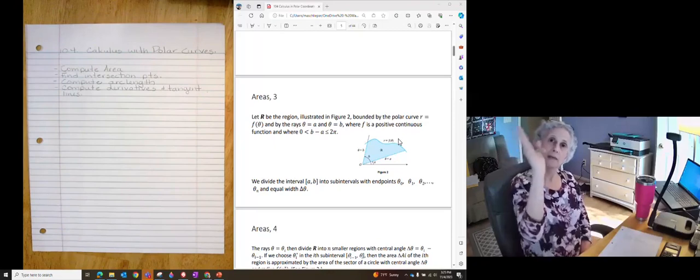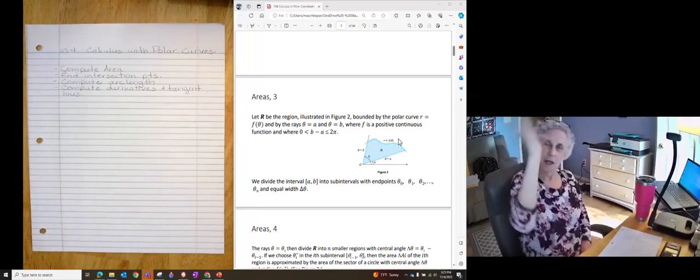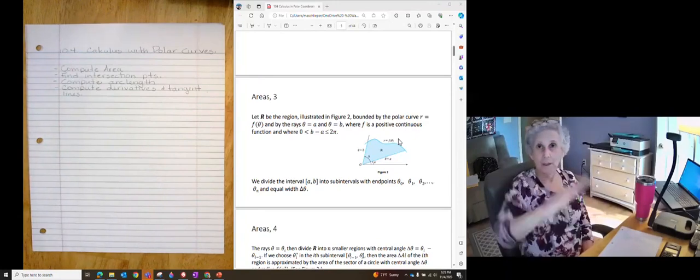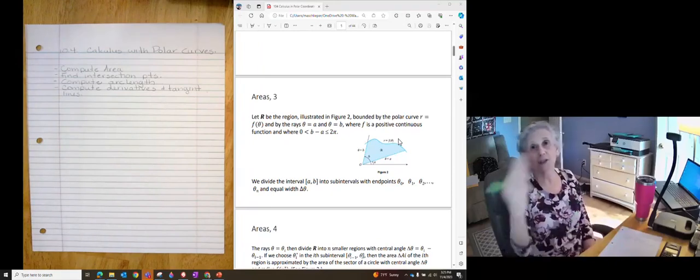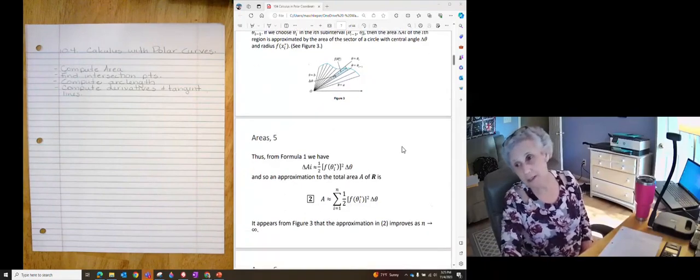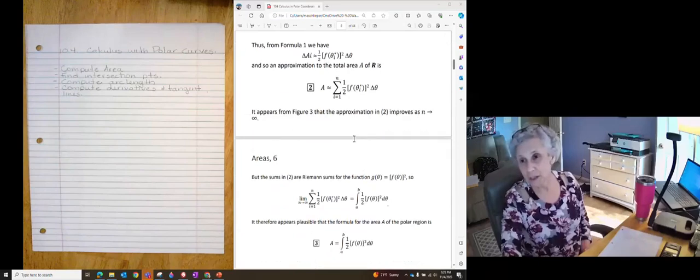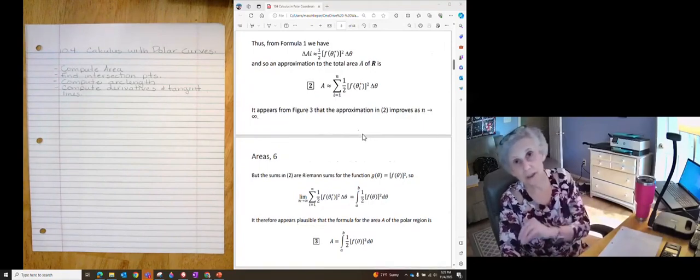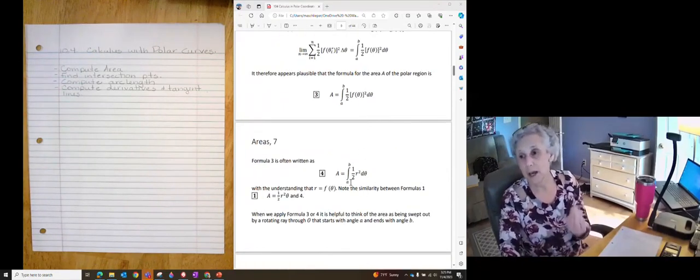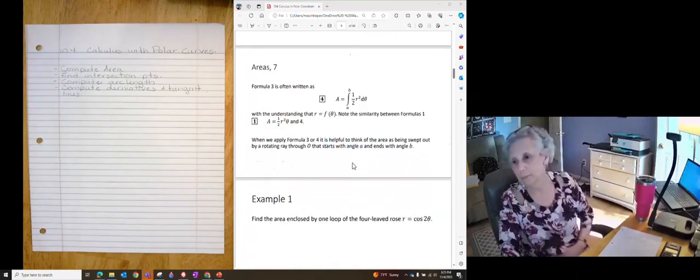So we take the polar graph and divide it into sectors, and then we let the number of sectors approach infinity, which sounds like an integral, and yes it is. So we end up with that formula for the sector, 1/2 of the radius squared. Well, the radius is the function, so it's 1/2 of the function squared, as we go from A to B, the radian measures.